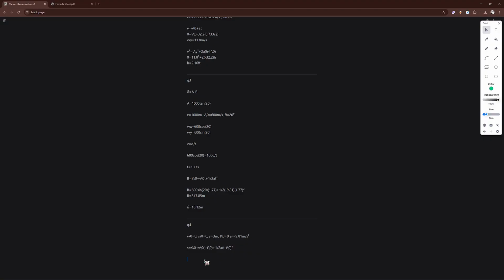So we're solving for T. And if you can notice, we have 3 is equal to V naught is 0, right? So we have half negative 9.81 T squared, like so. This is really easy to solve.